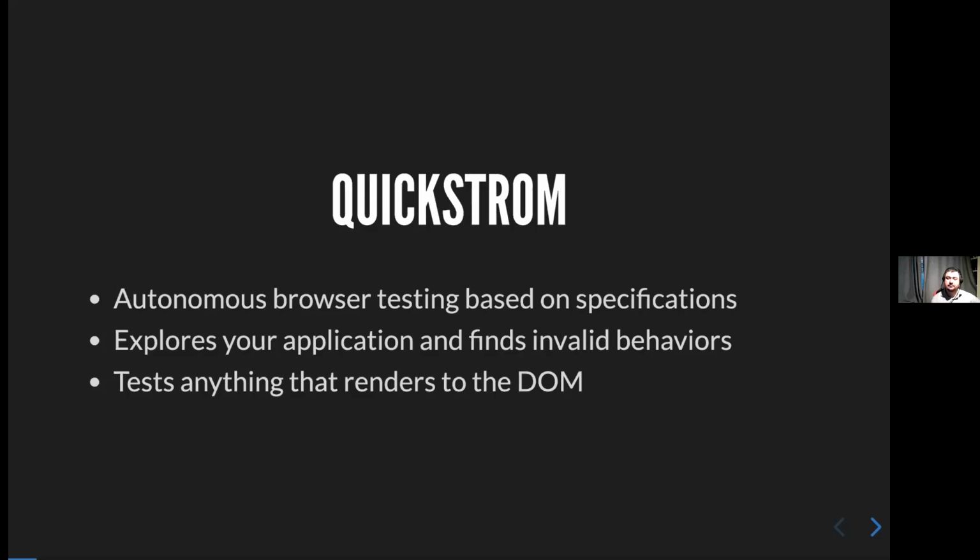It does this by interacting with the web browser and figuring out what's possible to do. It can test basically anything that renders to the DOM, and the DOM is the document object model of the browser, which is essentially a tree structure that describes the state of a web page.